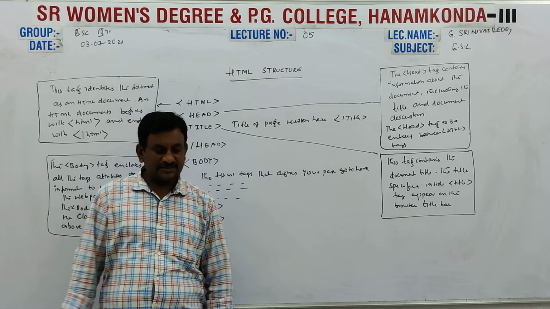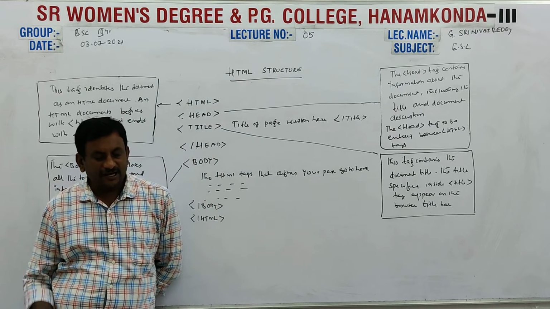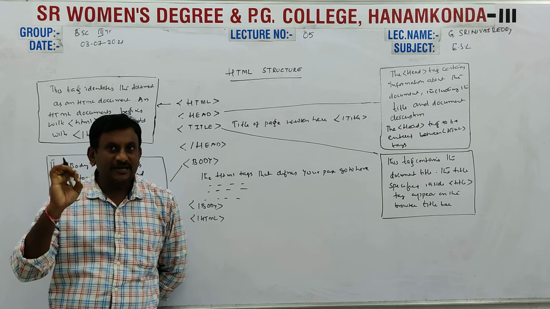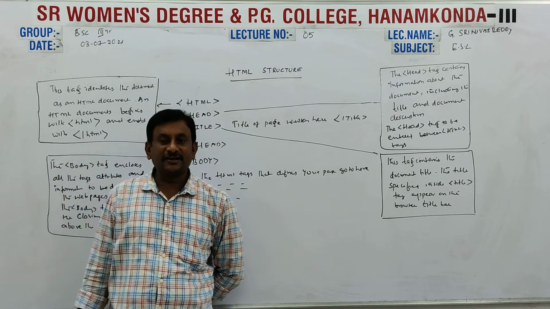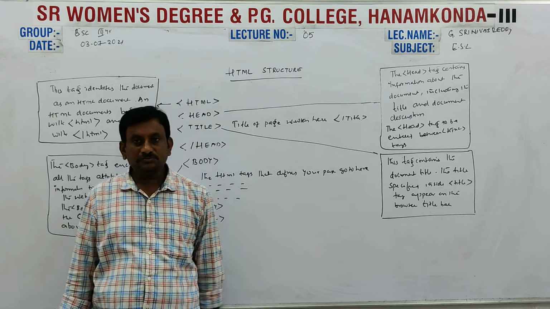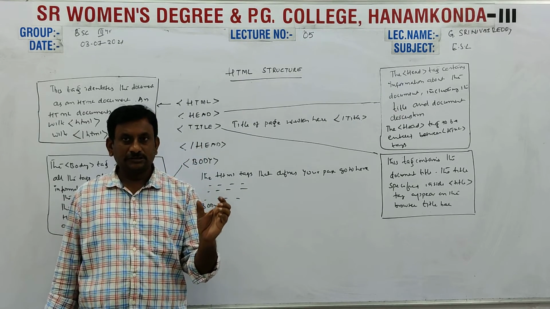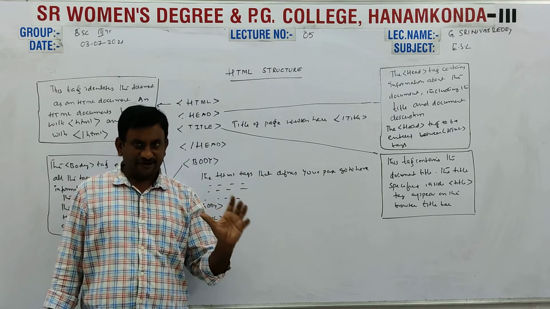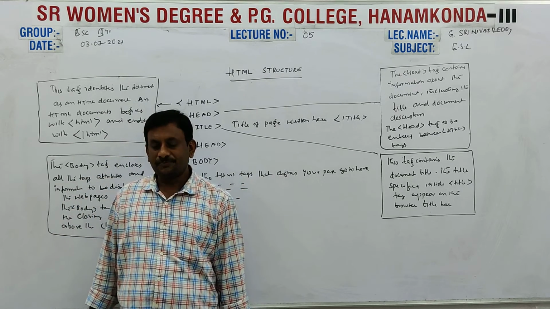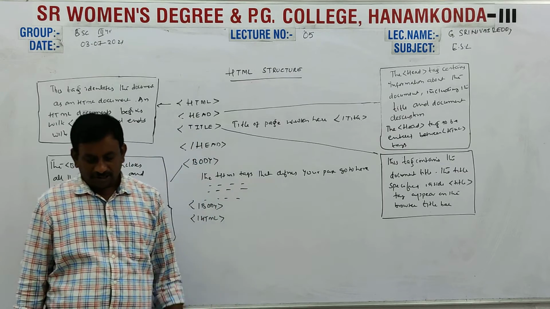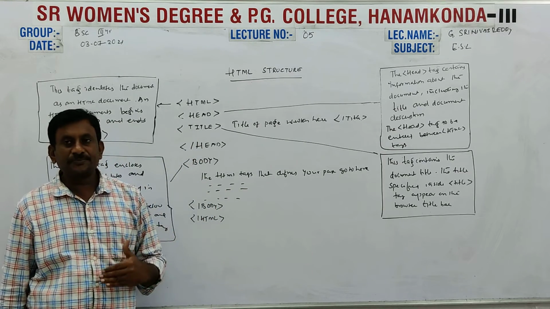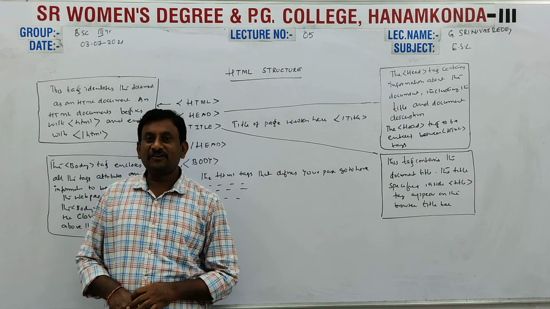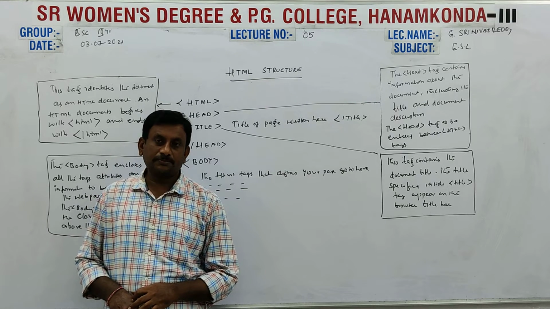Next, HTML can be written in any one of the editors like Notepad, WordPad, FrontPage, etc. Whenever the Windows operating system is installed, it automatically provides by default Internet Explorer, IE.